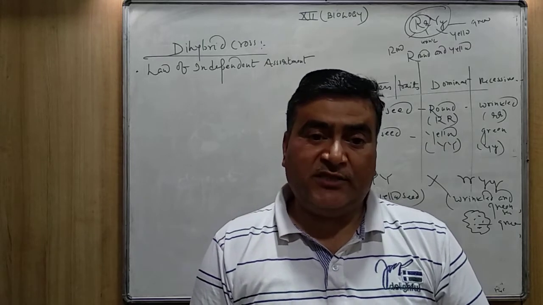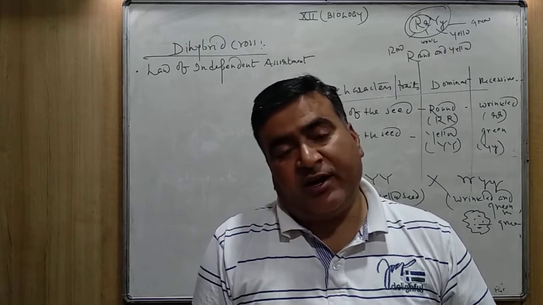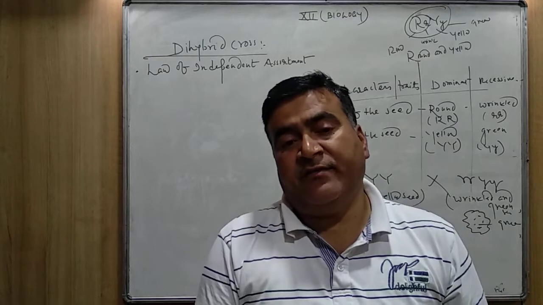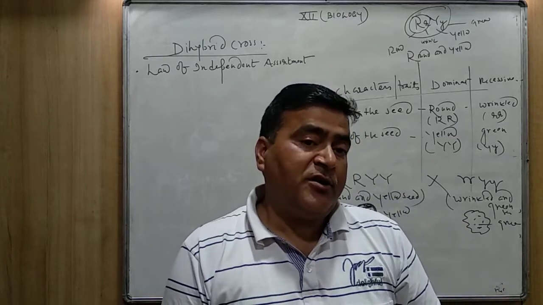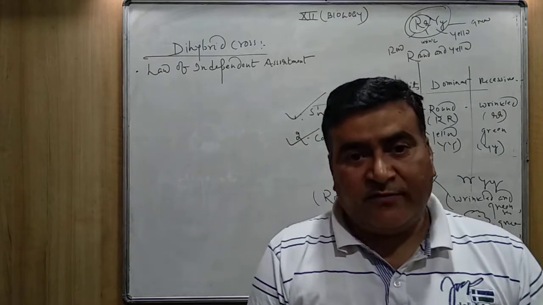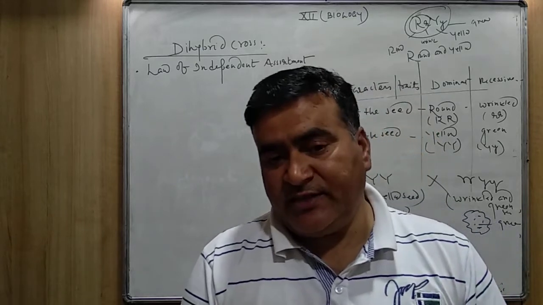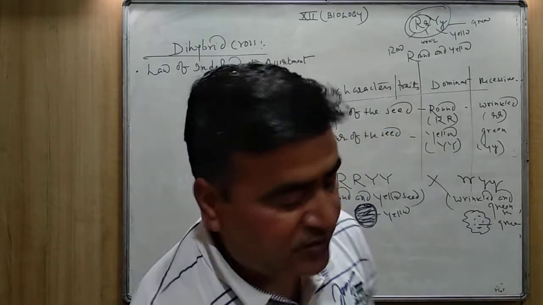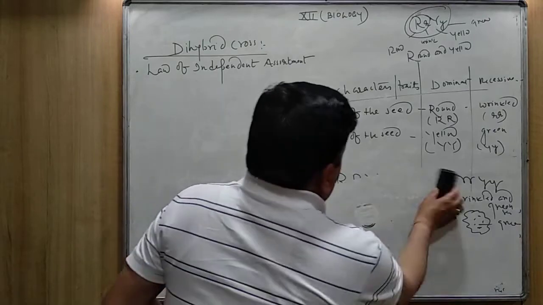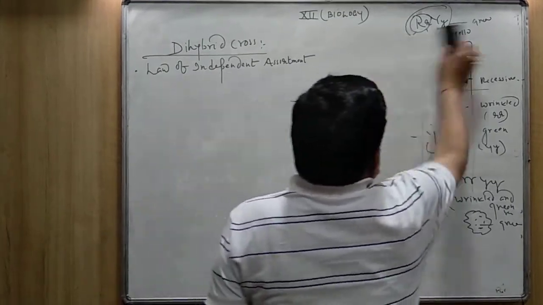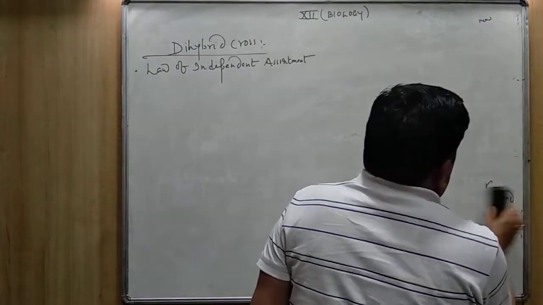That is, how the two genes are going to be inherited from parents to their offspring, to the F1 generation, to the F2 generation, like this. So, let us see the cross in detail.